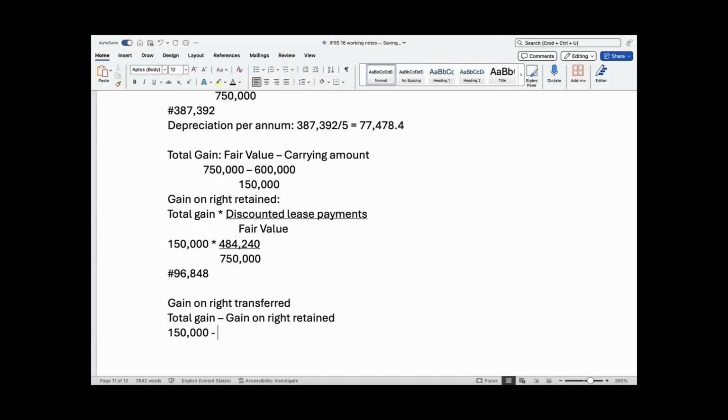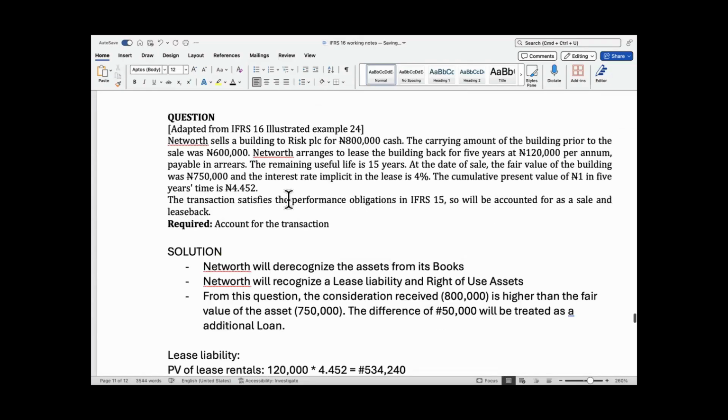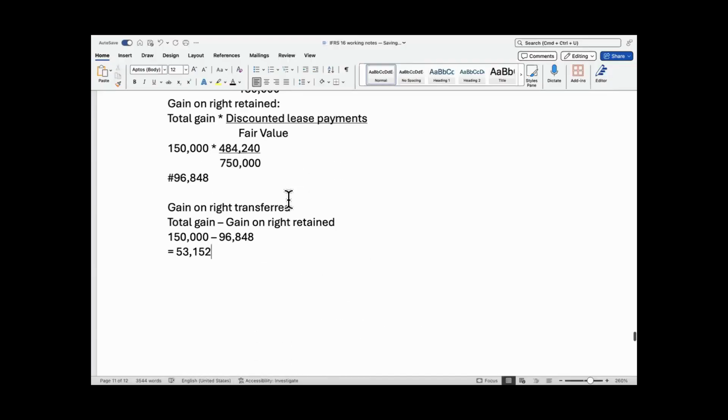My gain on rights retained is 96,848. And that gives me how much? 53,152. So all of this is happening on the date that the asset is sold.